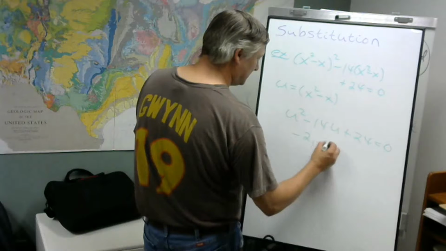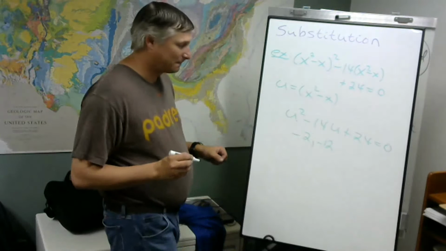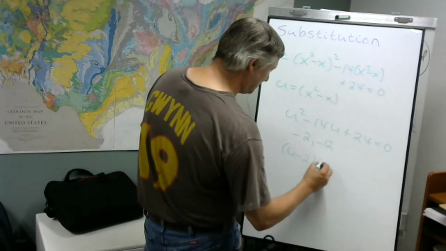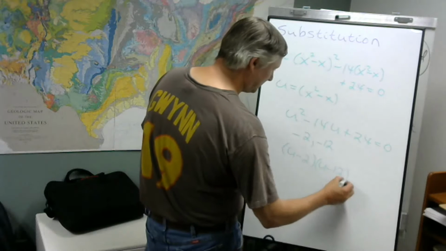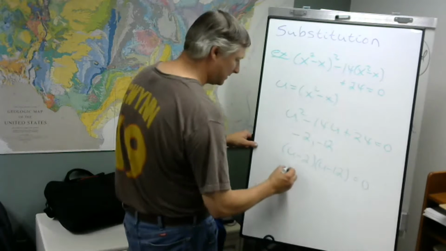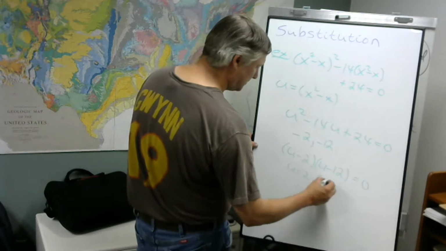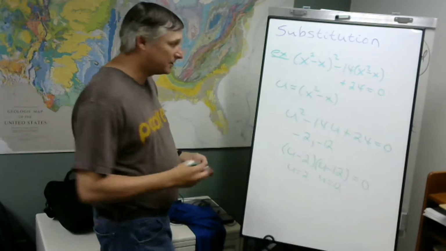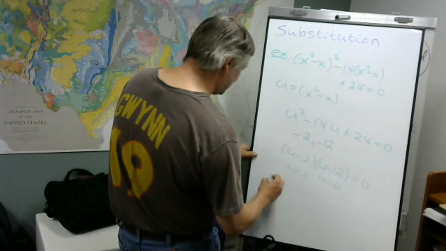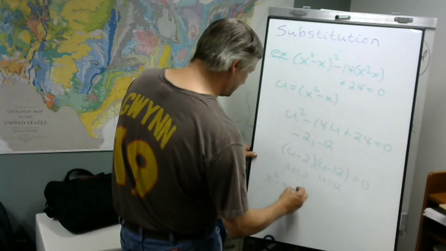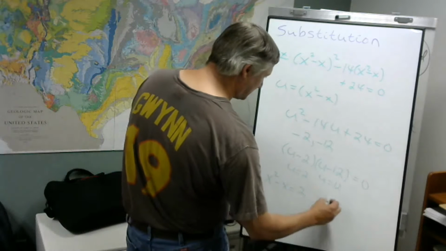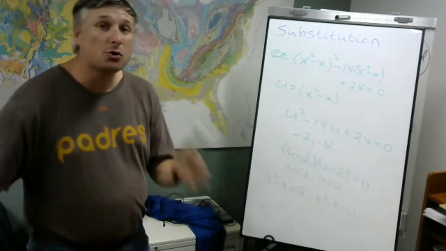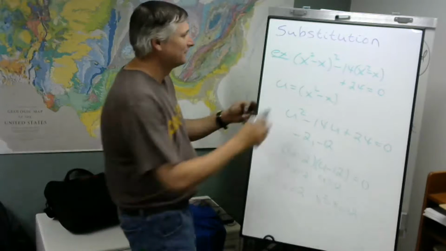Negative 2, negative 12. (u minus 2)(u minus 12) is 0. That means u is 2, u is 12. Now again, recall that u really is x squared minus x. So x squared minus x equals 2, x squared minus x equals 12. We're going to get two quadratic equations.